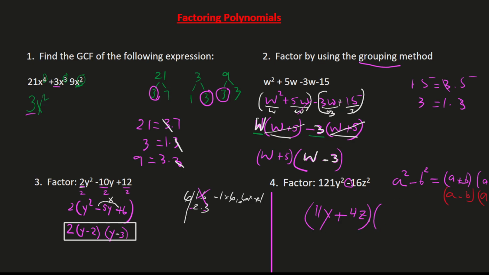The second one will be the same thing, but it's going to be the conjugate of what I just wrote. So this is 11y minus 4z. And you're done. This is it. 11y minus 4z. And that's your answer for that question here.